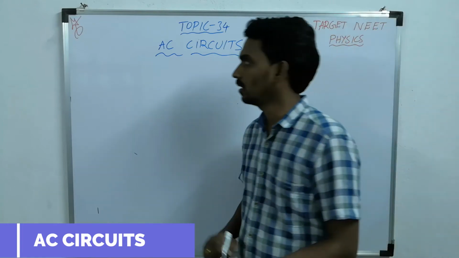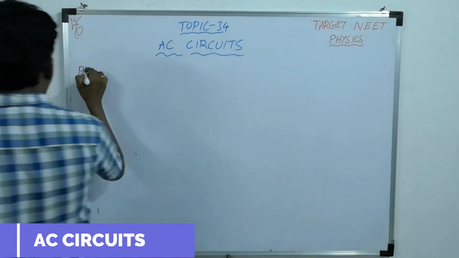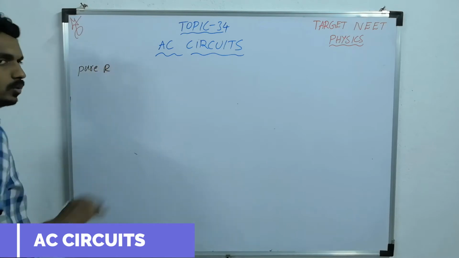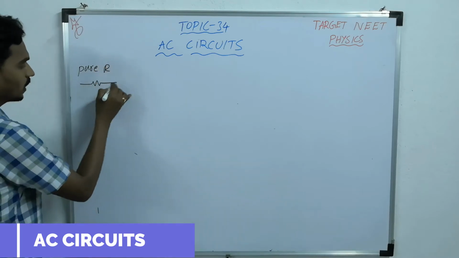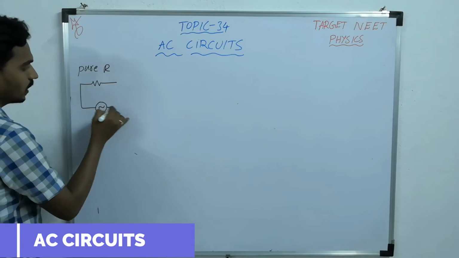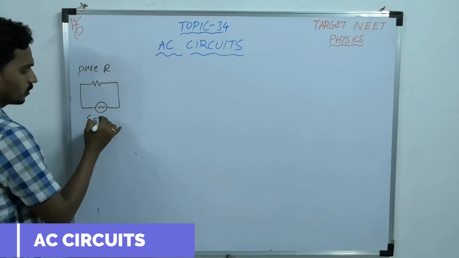So let us take the first circuit, a pure resistor: only one resistor connected across one AC source.